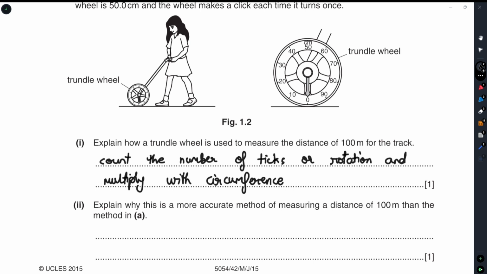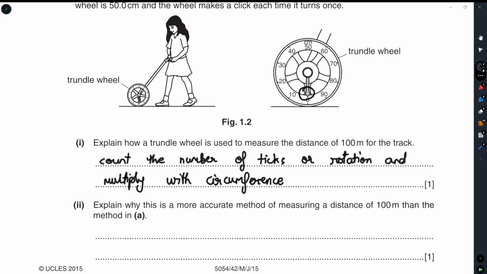Every time you stretch the trundle wheel's wire or the rope out, so essentially when one circumference, or the rope's length of one circumference, is taken out, a tick sound is made. And that essentially marks that one circumference of rope or wire, or whatever you want to call it, has been removed from the trundle wheel.